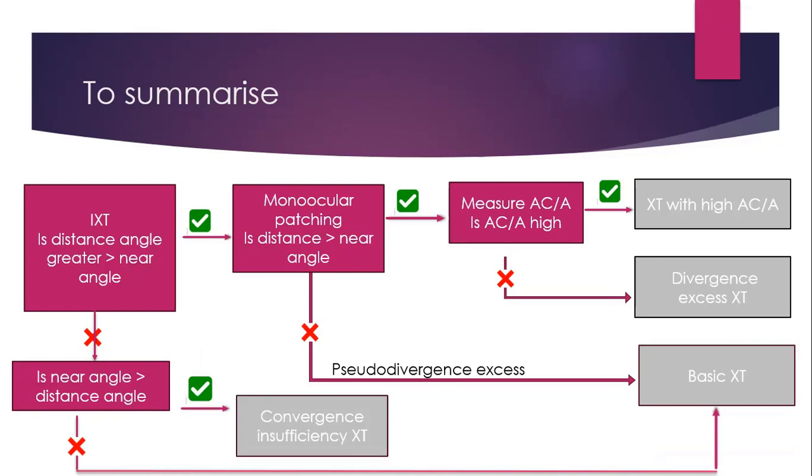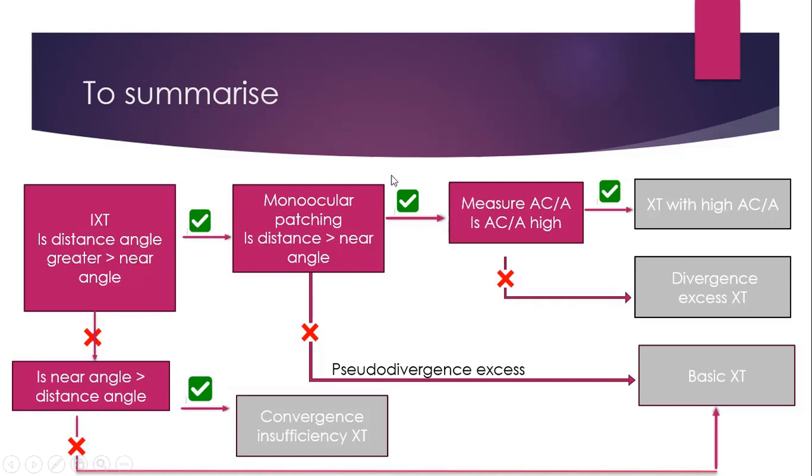So to summarize the types, when any case comes with IXT, we first evaluate whether the distance angle is greater than near. If it is not, is the near angle greater than distance? If it is not, then it is the basic type. If the near angle is more than distance, then it is the convergence insufficiency type. If the distance angle is greater than near, then we go ahead with monocular patching.